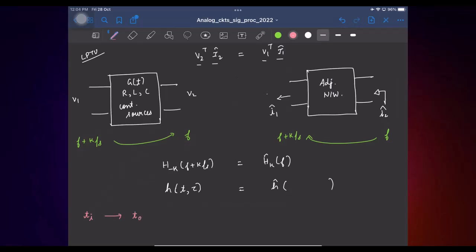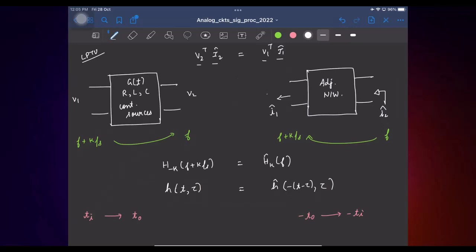So when should I apply the impulse in the adjoint network, and observe it at? Now try to tell me what should come here. At what time am I observing the output? T. At what time am I injecting the impulse? So here, what time I should observe is the minus of the time at which we applied the impulse here. And the second argument is tau.